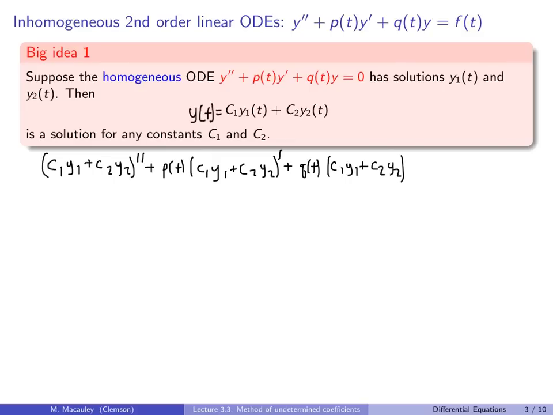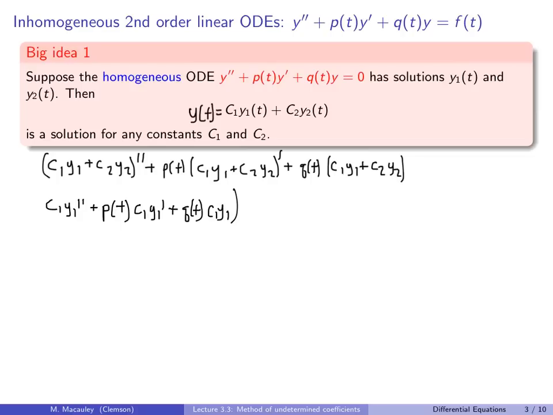Well, we can break this apart, since the derivative of the sum is the sum of the derivatives, and then we will group the y1s together and the y2s together. So let's do this as c1 y1 double prime plus p of t times c1 y1 prime plus q of t c1 y1.